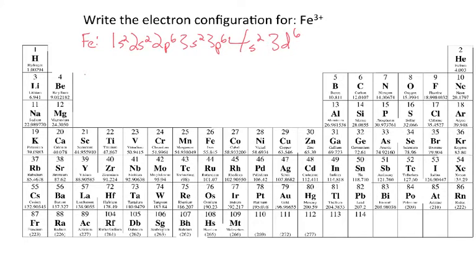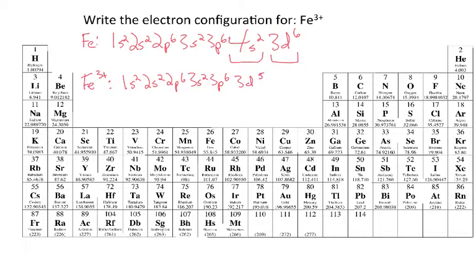Now when I go to iron +3, iron loses the outermost s electrons first. So when I take away 3 electrons, I'm going to take away the 2 4s electrons and 1 of the 3d's. So iron +3, the electron configuration is going to be 1s2, 2s2, 2p6, 3s2, 3p6. I've taken away the 4s's first, so then I'm left with 3d5.